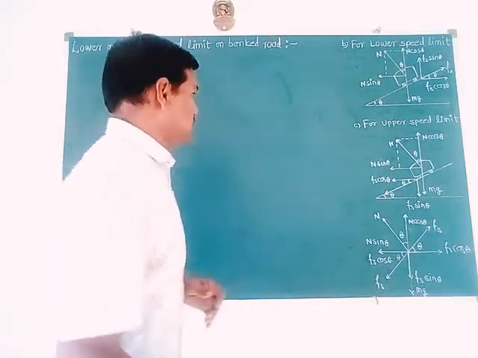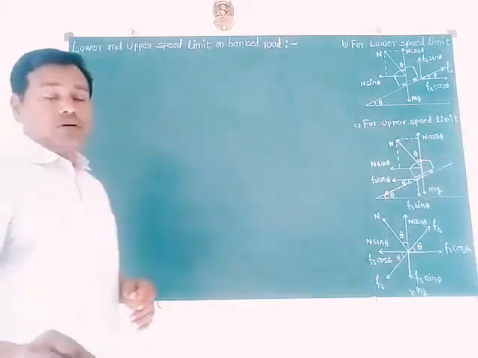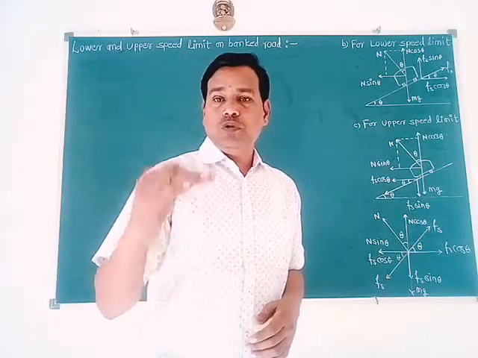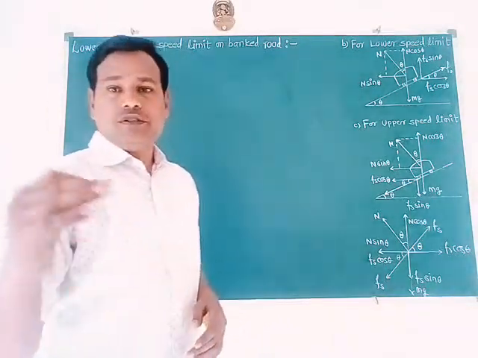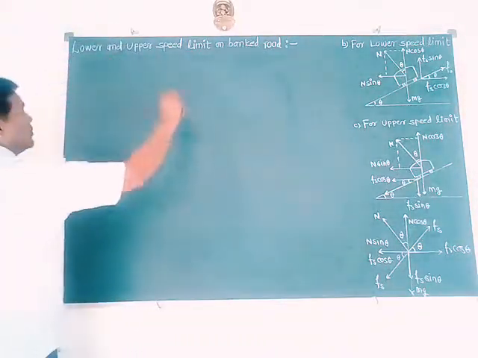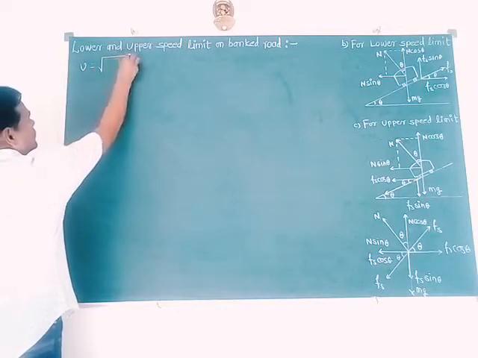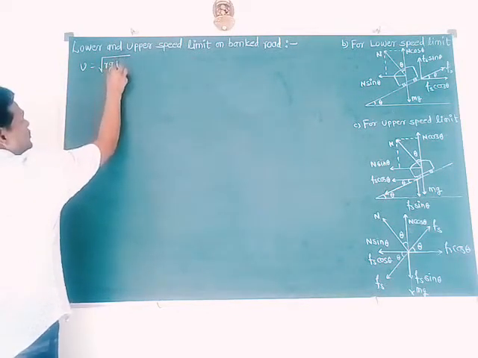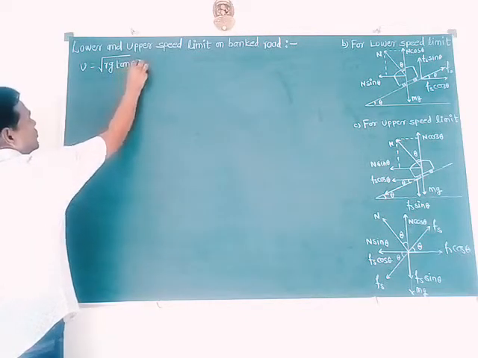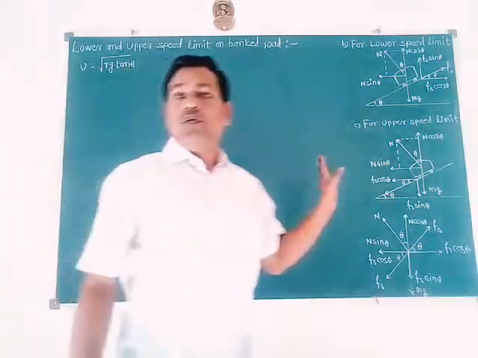So the last article was the maximum, that is, the most safe speed for a vehicle on a banked road. It was V equal to square root of Rg into tan of theta, especially on a banked road.